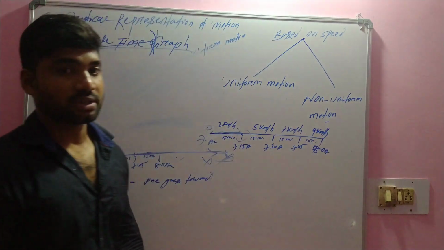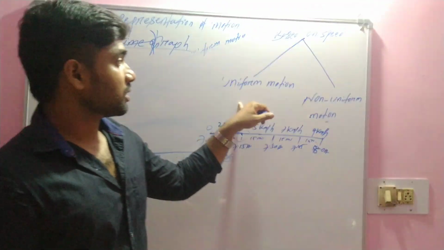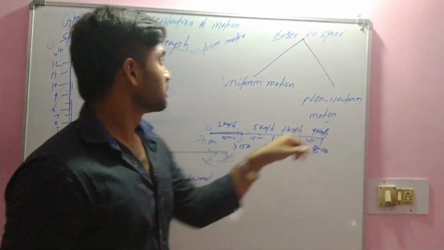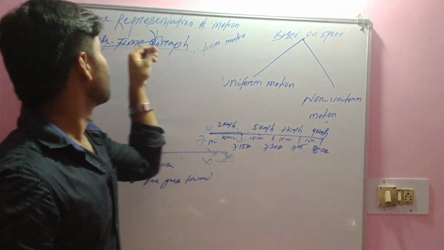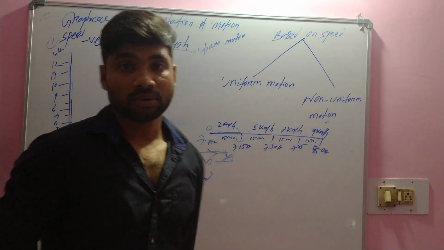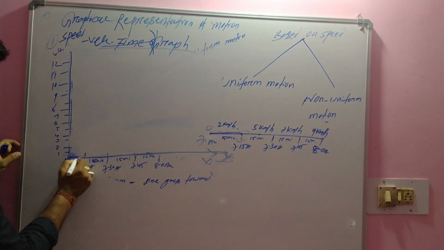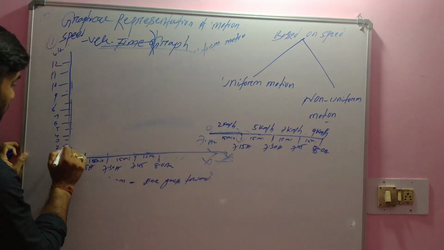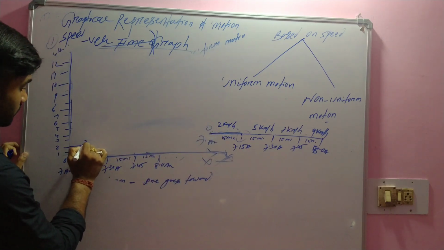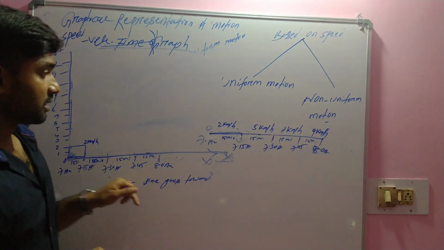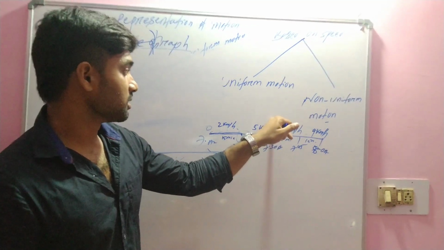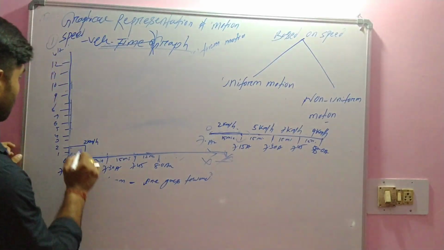So how can you represent, when the speed varies, on a speed or velocity time graph? At 7:15, his speed is 2 km per hour. At 7:30, his speed is 5 km per hour.